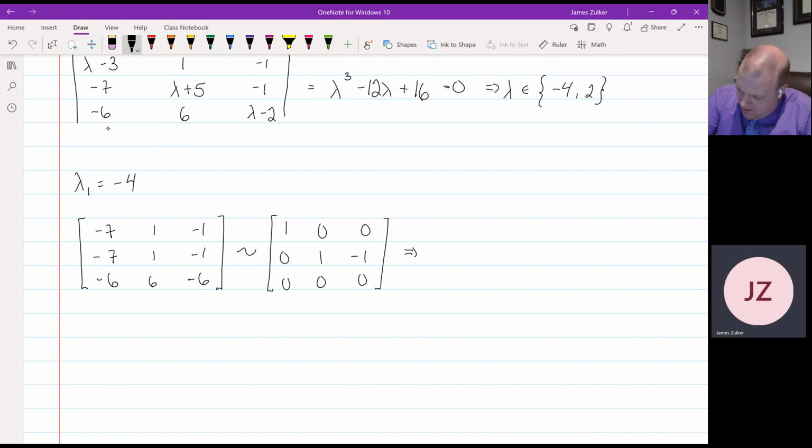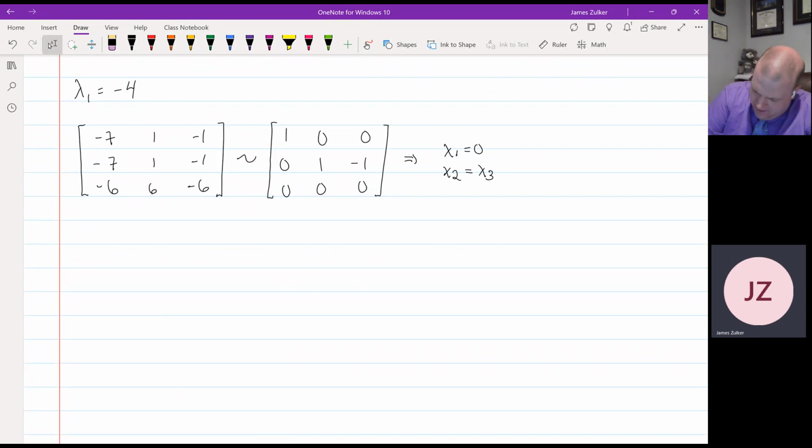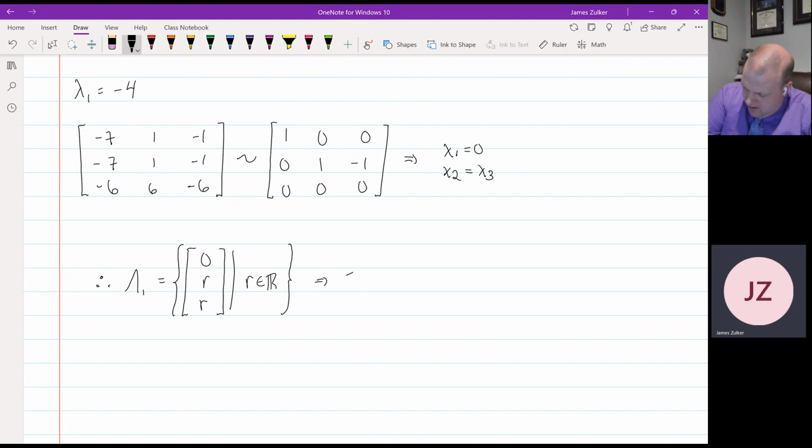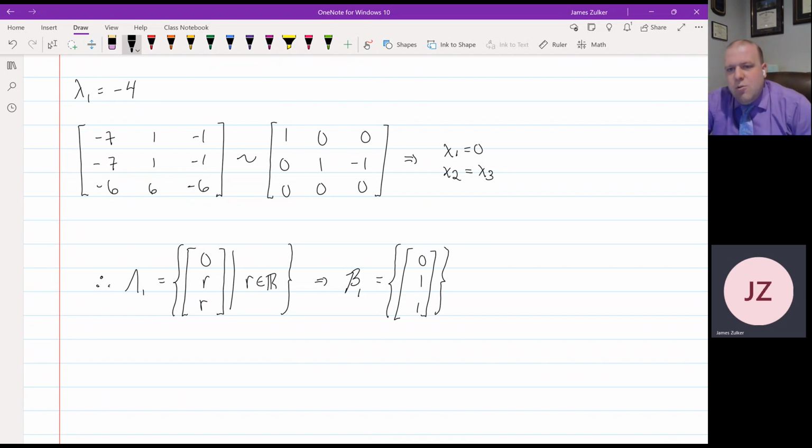All right, so this means that x1 has to be 0, x2 is x3. And so we get as our eigenspace the set of all vectors of the form 0, r, r, for every real number r. This makes a basis, the set 0, 1, 1.